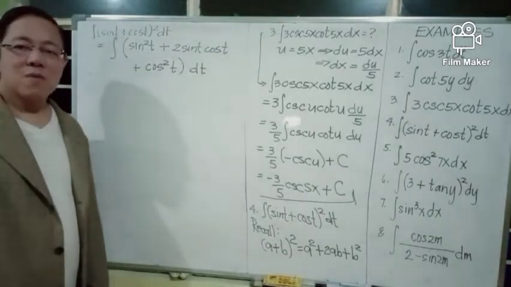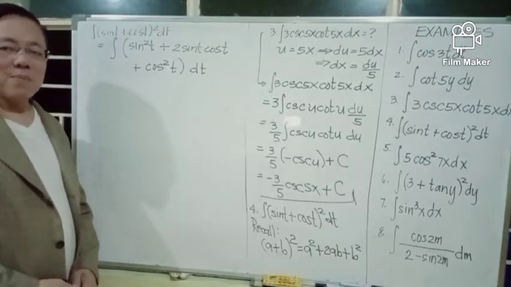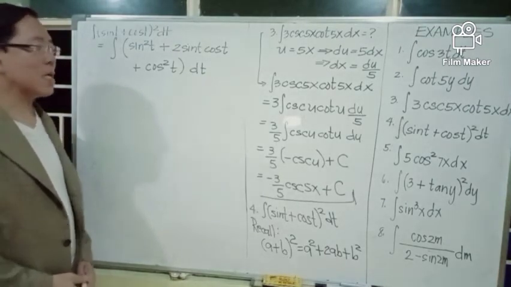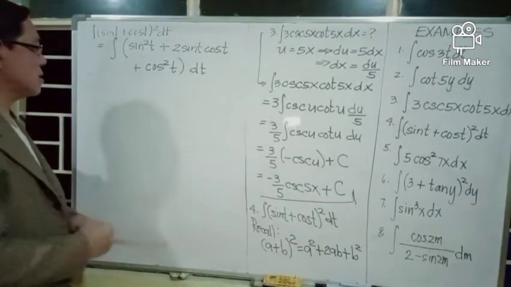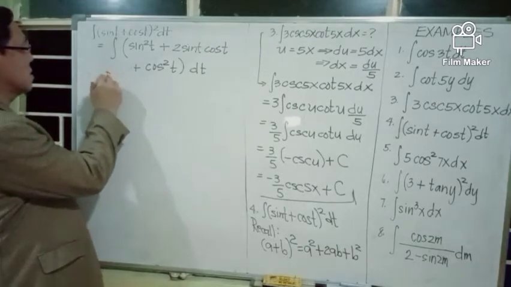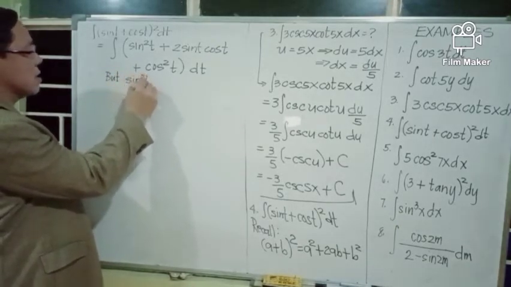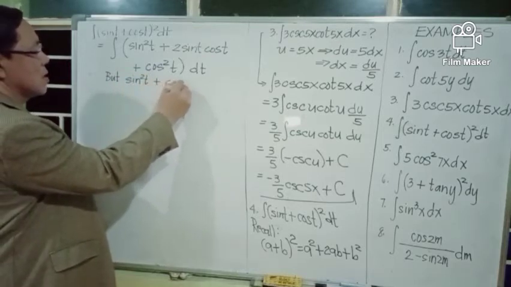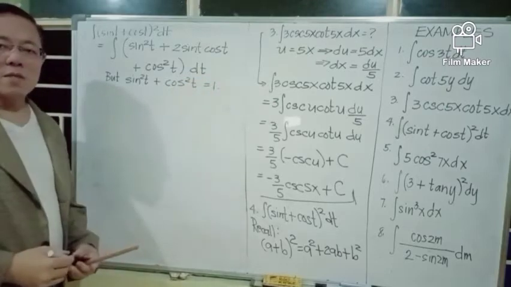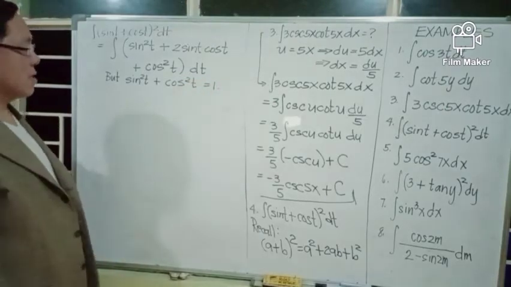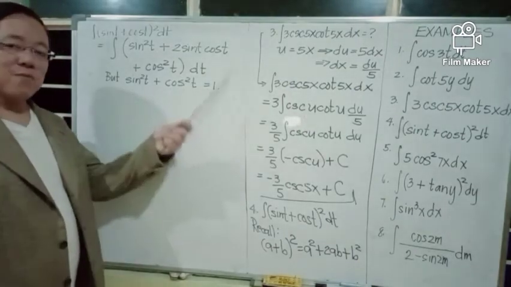Now we make use of a trigonometric identity, particularly the Pythagorean identity. Sine squared t plus cosine squared t is equal to 1. That's by the Pythagorean identity, one of the trigonometric identities I have written earlier.